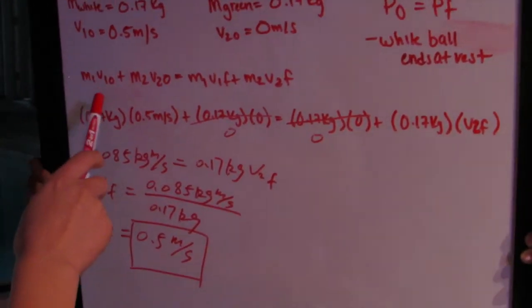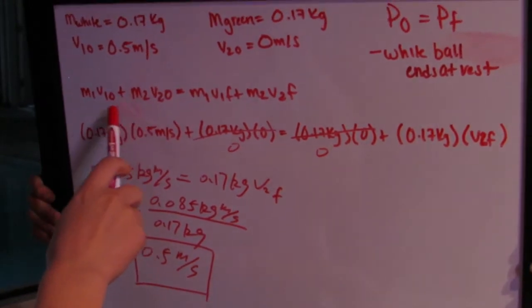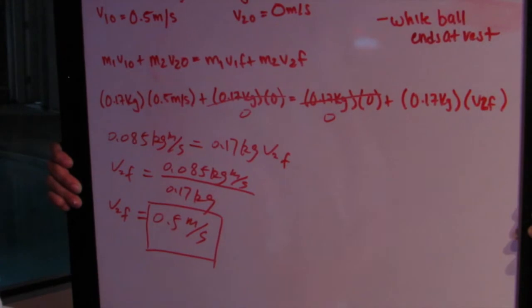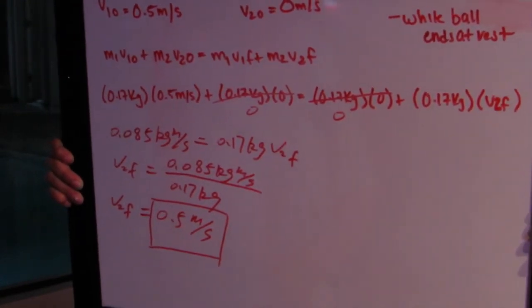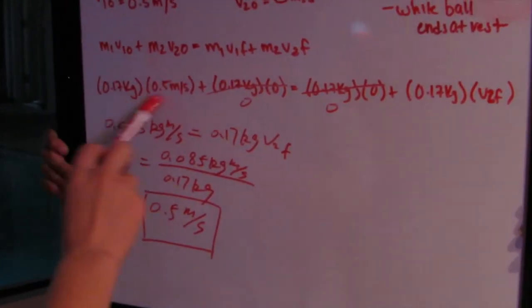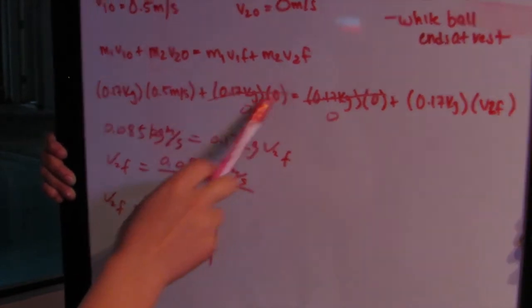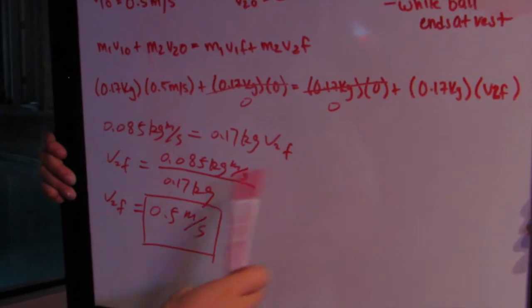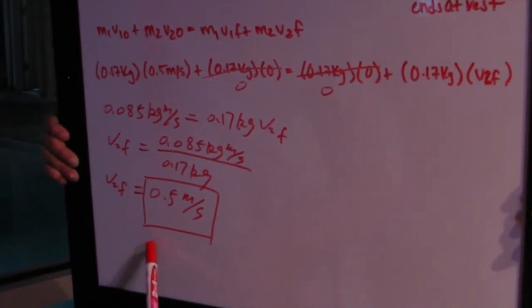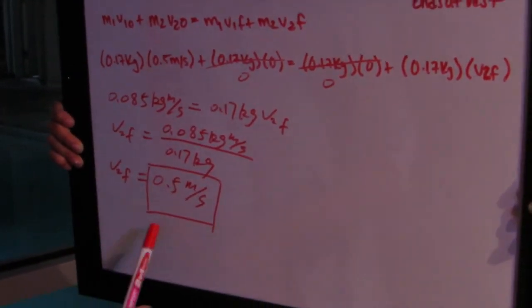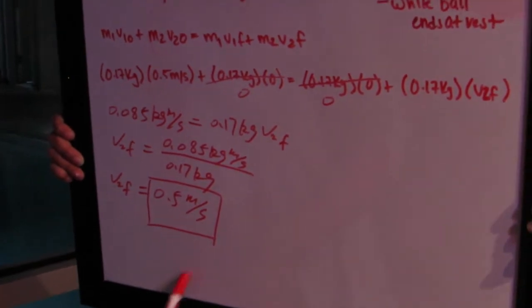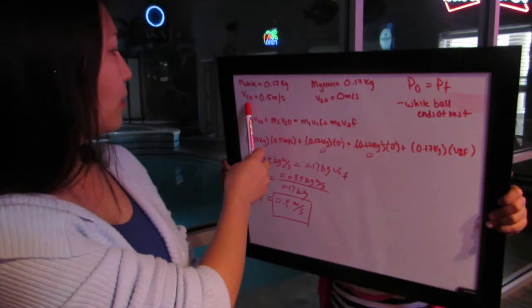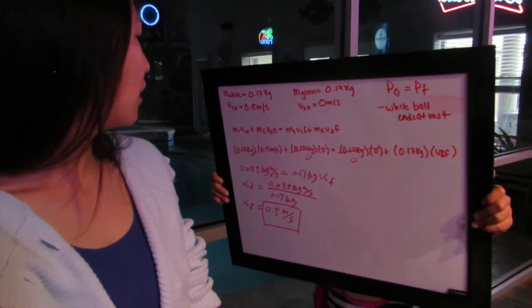So the initial momentum for both objects is going to be equal to the final momentum for both objects. We just plug in the numbers, and this came out to 0, and this came out to 0, and with the calculation right here, eventually we get the final velocity for the green ball equal to 0.5 meter per second, which is exactly the same as the white ball's initial velocity.